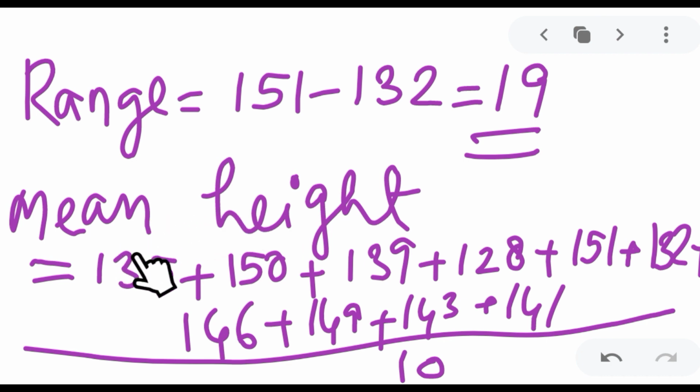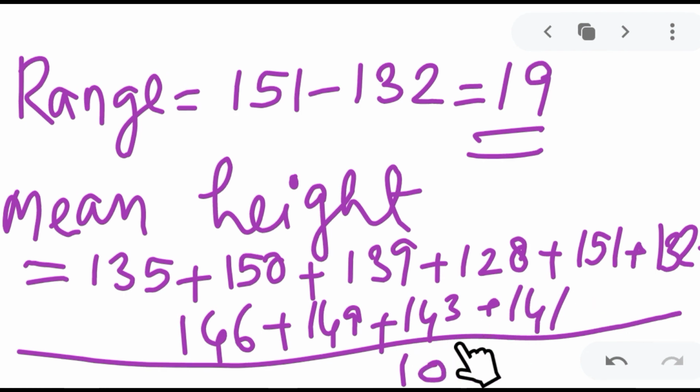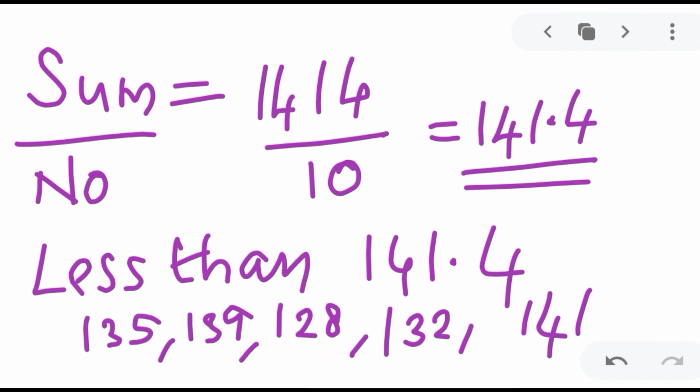Then how many girls have a height more than the mean? For that we want to find the mean height. After adding all, we find the sum and divide by 10. Then it is 1414 by 10, so it is 141.4.